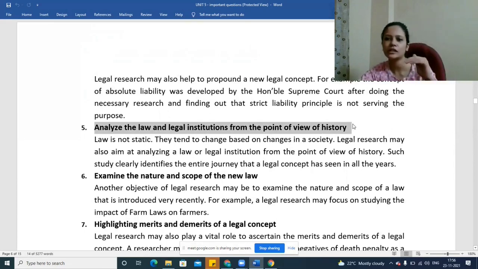That means we are not studying something like how it exists today, but how it existed in this entire time frame. Like if you remember, Constitution of India became applicable from 1950. Okay, so in the year 1950 also, Article 368 was there, which talks about amendment of Constitution.